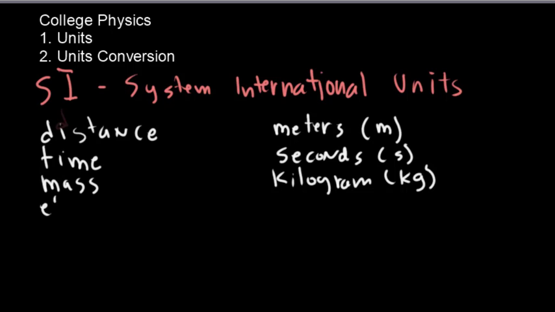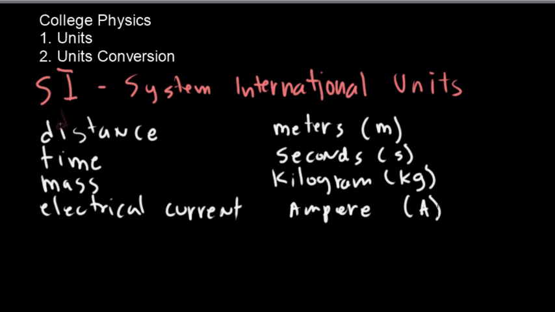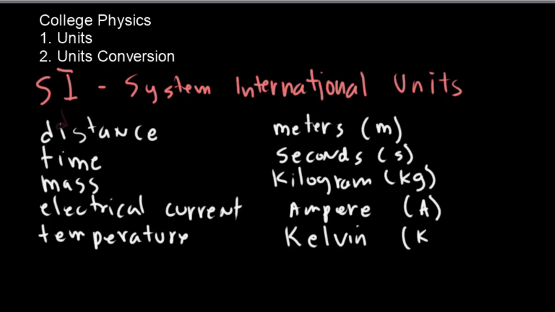Electrical current, unit of ampere, abbreviation of A. And then we have temperature and unit of Kelvin, abbreviation of K. So there are 5 basic units of the SI system.